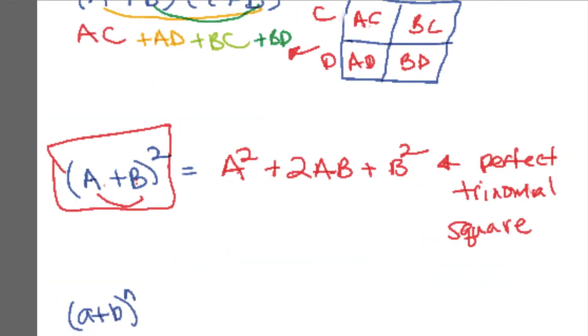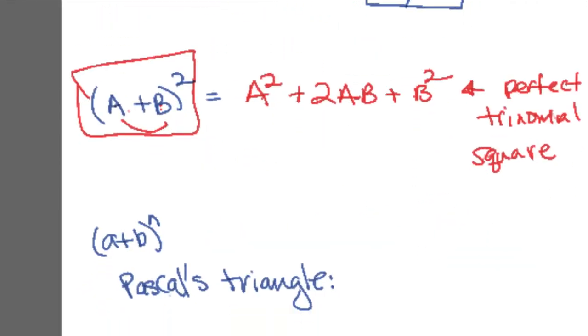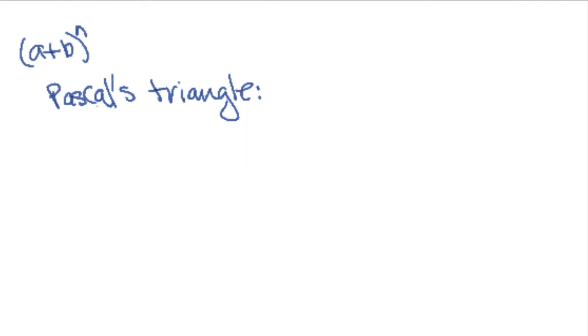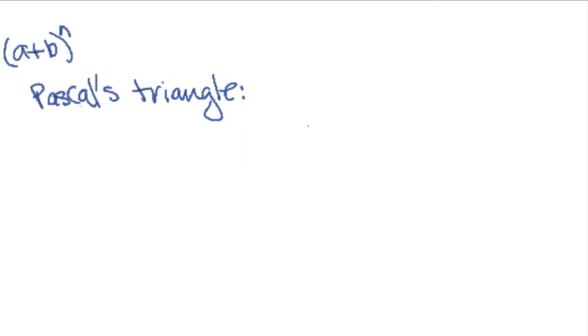Now, if it's anything greater than 2, I recommend you use Pascal's triangle. I'll go through an example of how to use Pascal's triangle in its own video, but basically this is how you set it up. You make a little triangle of 1s, and then you add these 2 to get the middle term, and then you put a 1. Then you just repeat that process.